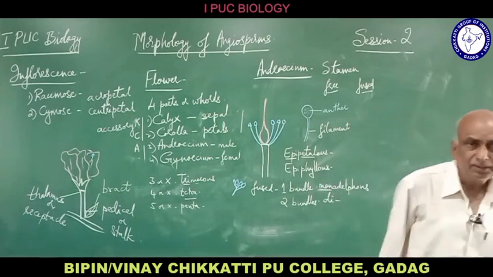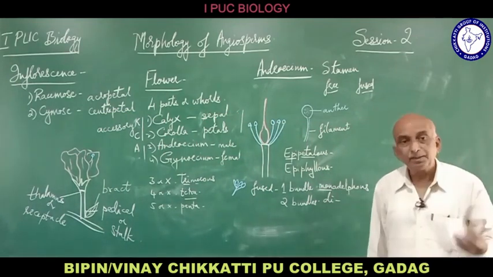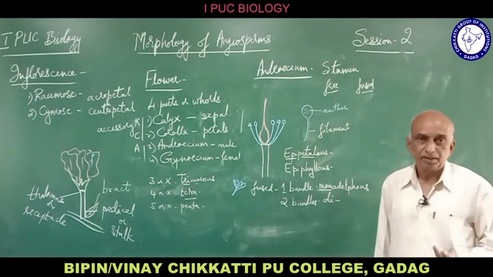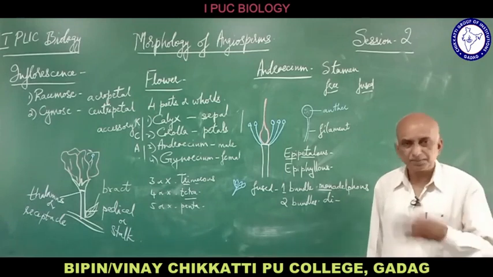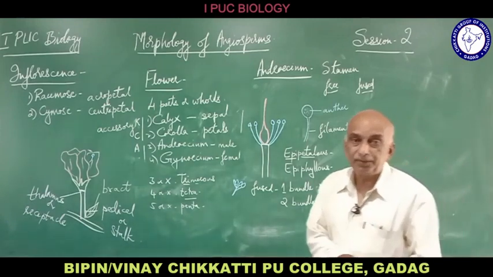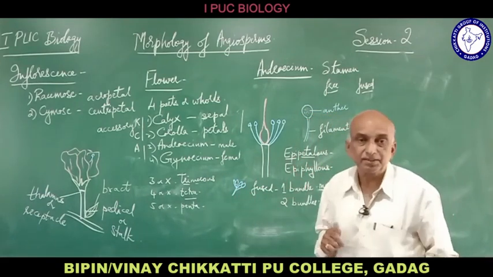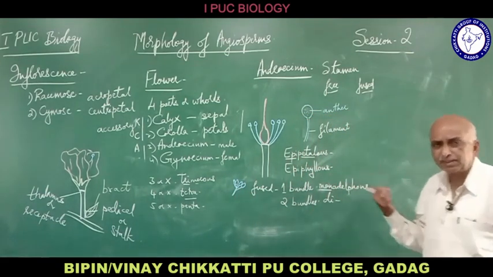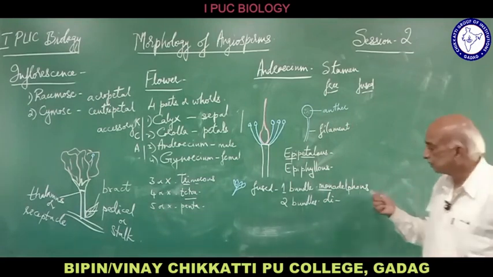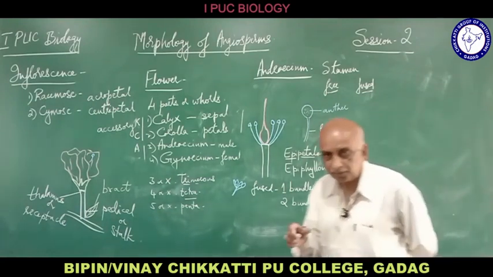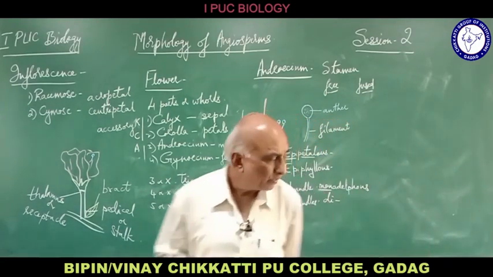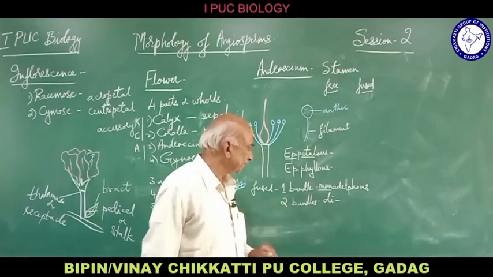In case of monodelphous, there may be only 5 stamens, or 10 stamens in some other flowers. But commonly, to observe the monodelphous condition, we can see the hibiscus flower where numerous stamens unite and fuse to form a single bundle. They form a staminal tube, and that is called monodelphous stamens.